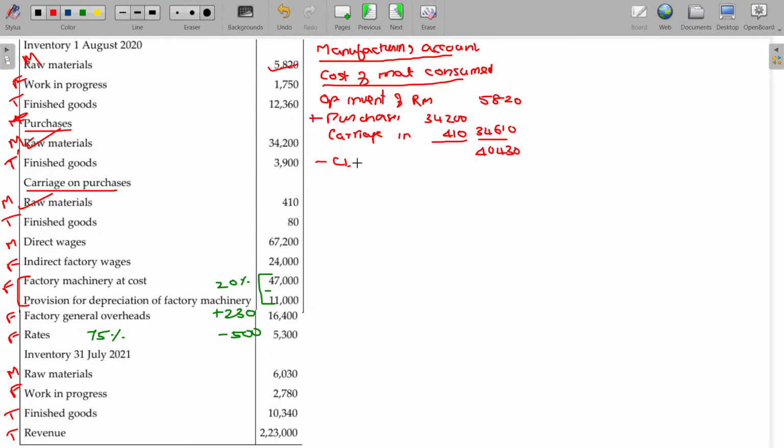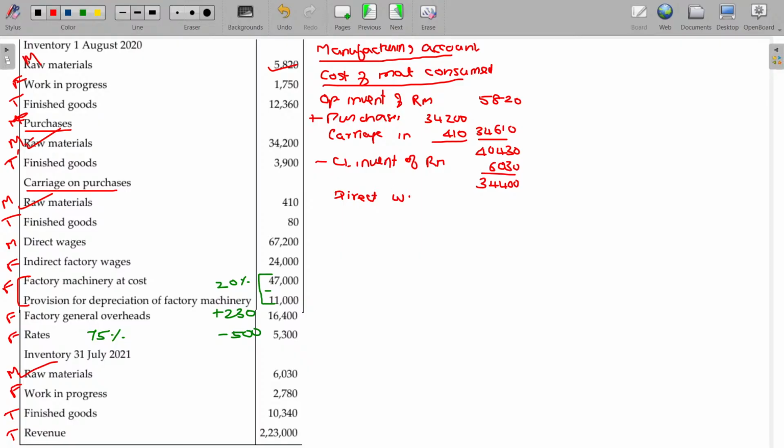Minus closing inventory of raw material, 6,030. So 34,400. With that, direct wages should be addable.